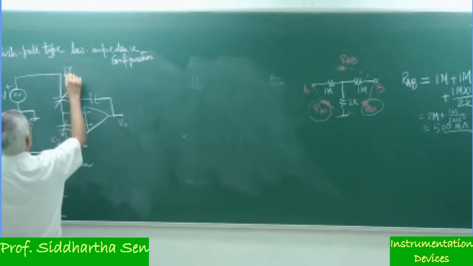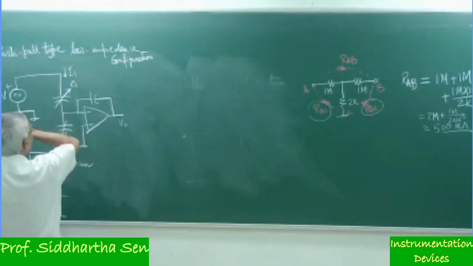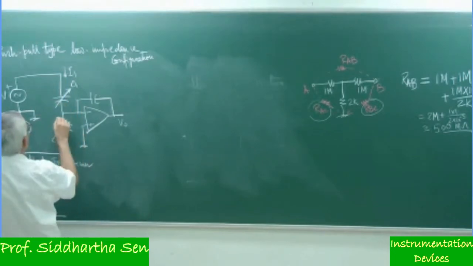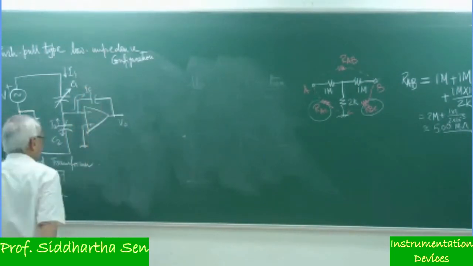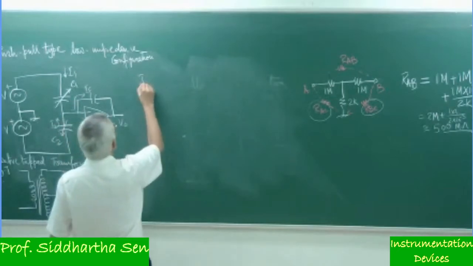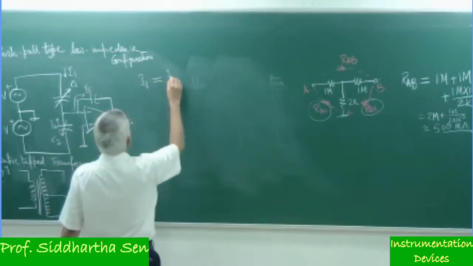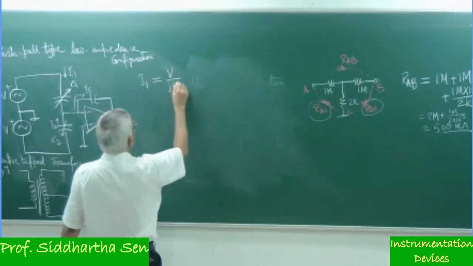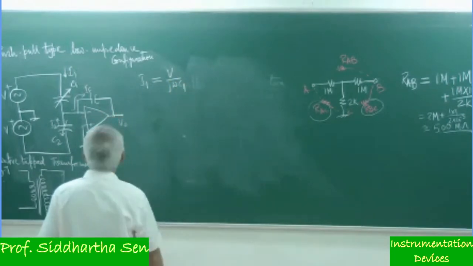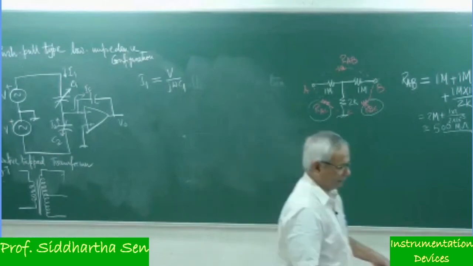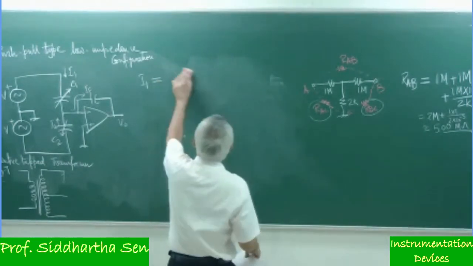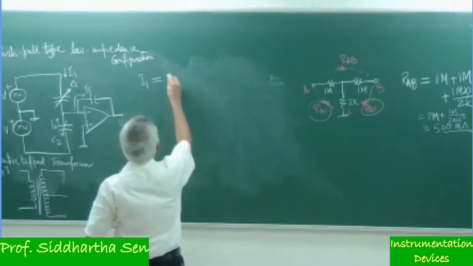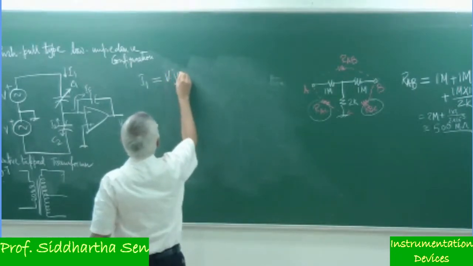So suppose this is I1 here, and this is your I2 current flowing, and this is your IF current flowing. So what is the value of I1? I1 is equal to V into j omega C1.